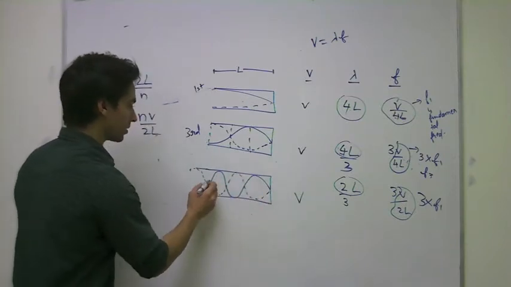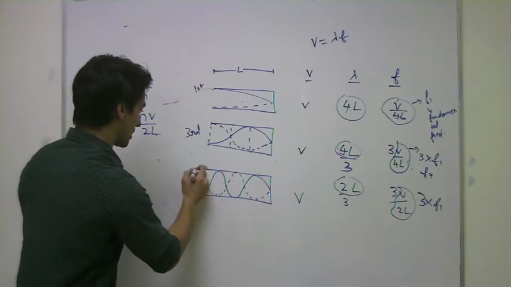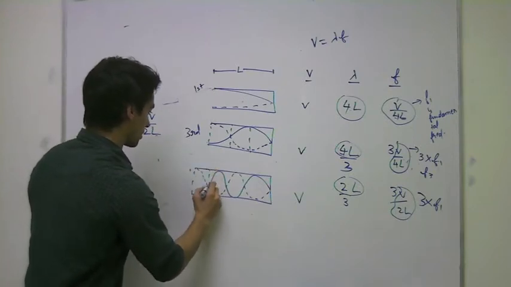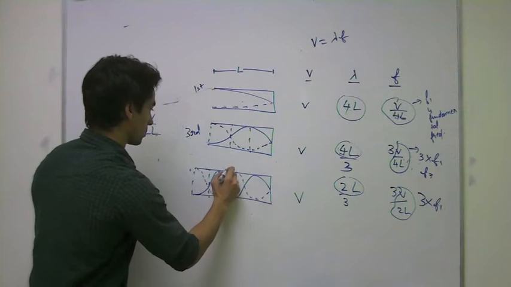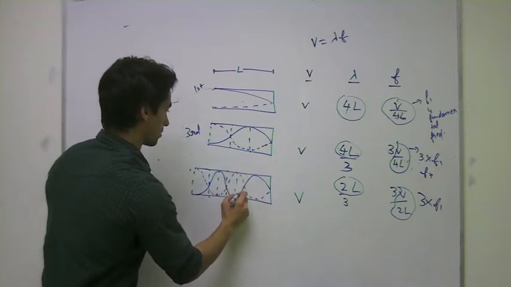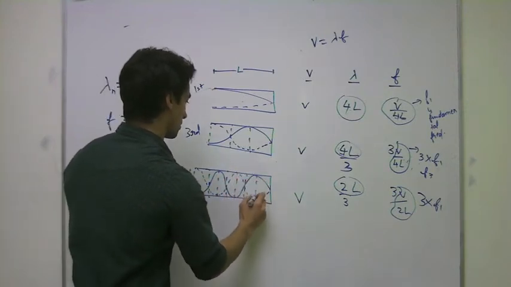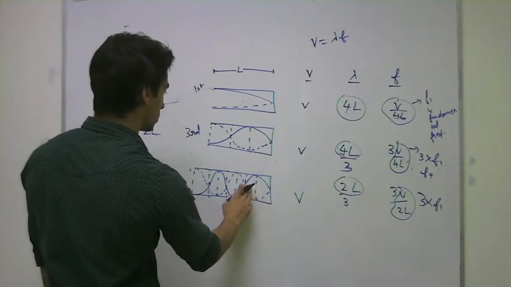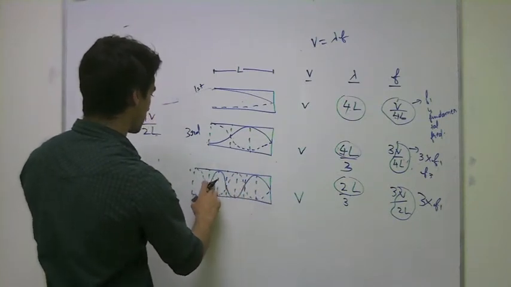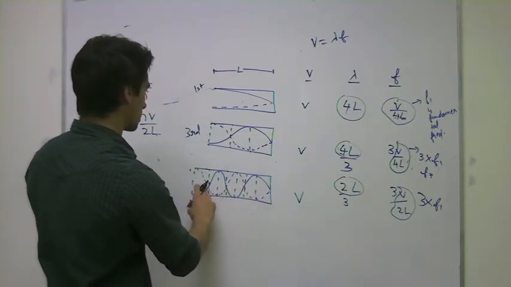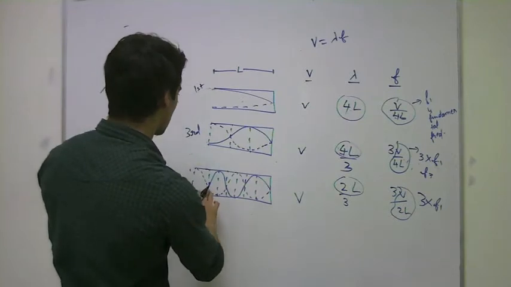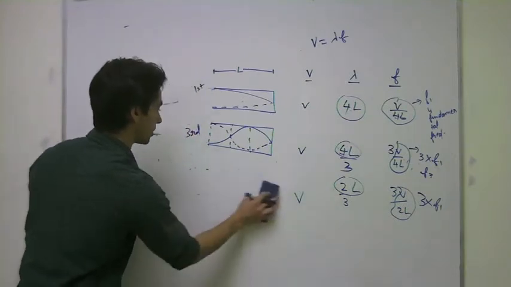How do I calculate the wavelength now? Let me divide it again. Okay, I think there's a mistake here. Let me redraw this.